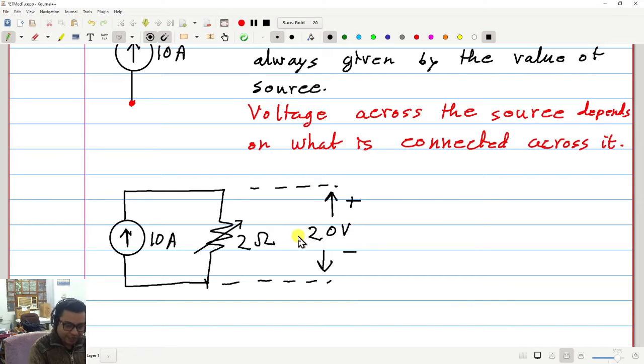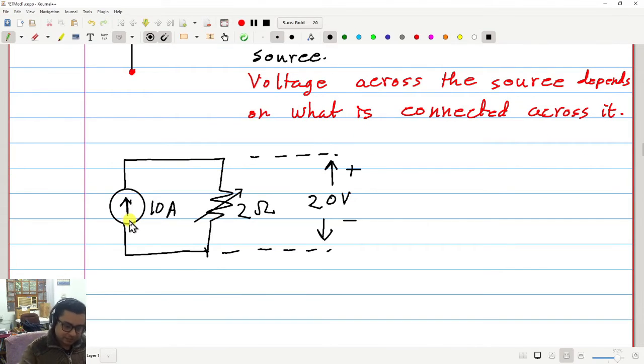Okay, so you can think that a current source is an automatically adjusted source which adjusts its voltage so that the current is always the same. Okay, so probably this is something new which you have not studied in school. But this also exists.